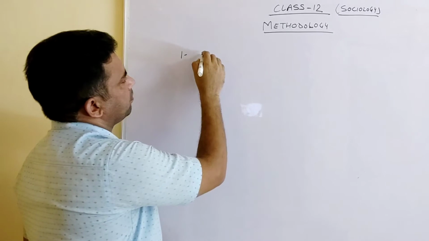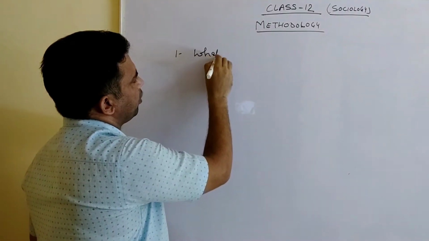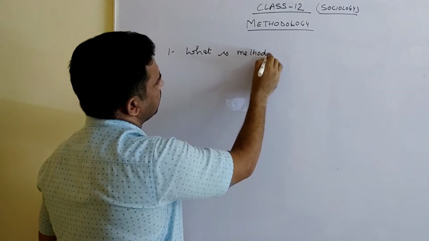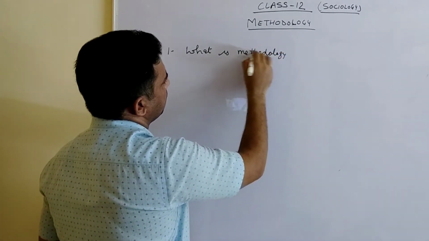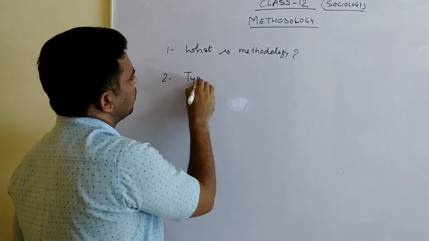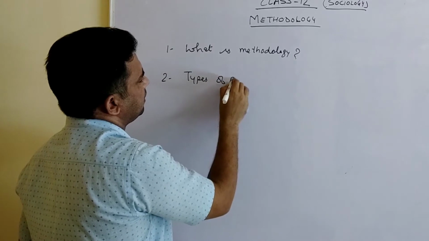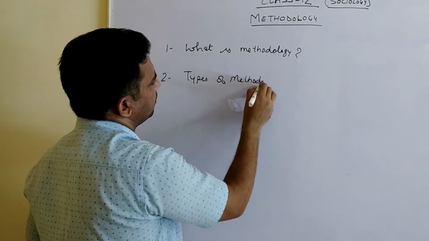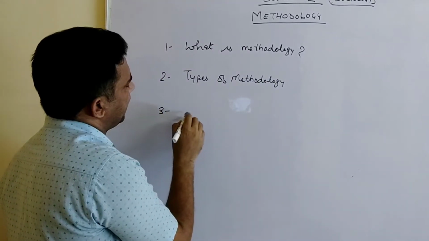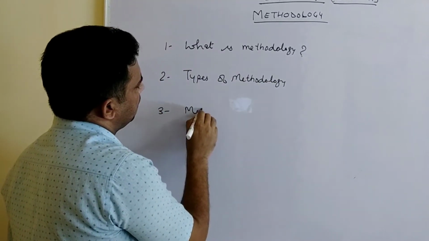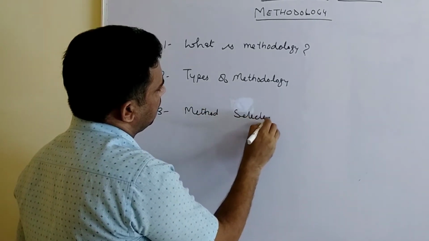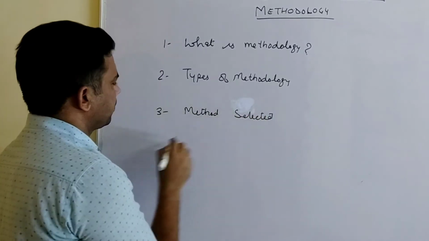The first one, we write what is methodology. The second one, we write types of methodology. The third one, we write method selected.